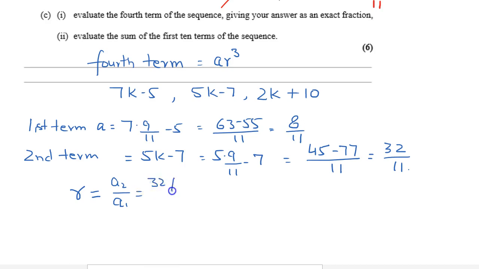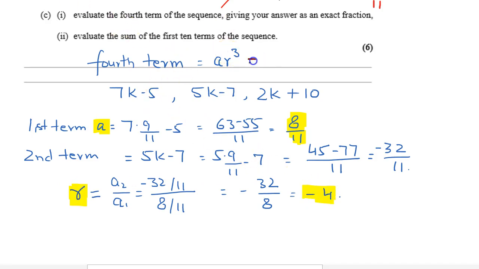So 32 over 11, this is negative, over 8 over 11. 11 cancels, so this is minus 32 over 8. So that is minus 4. So A is 8 over 11 and R is negative 4.